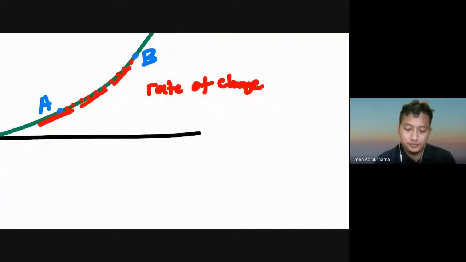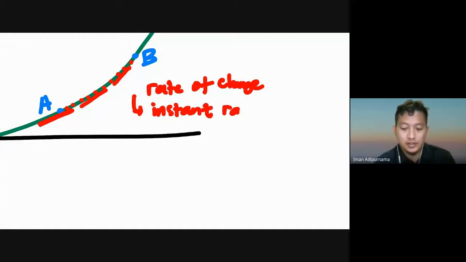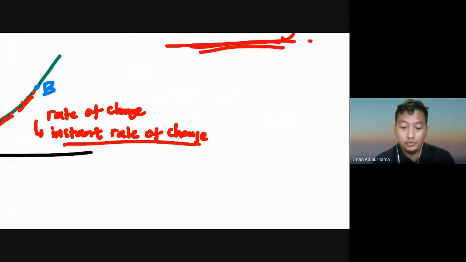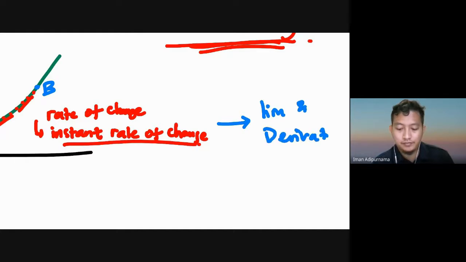So we can say that there will be an instantaneous rate of change. And this will be related to limit and derivative.